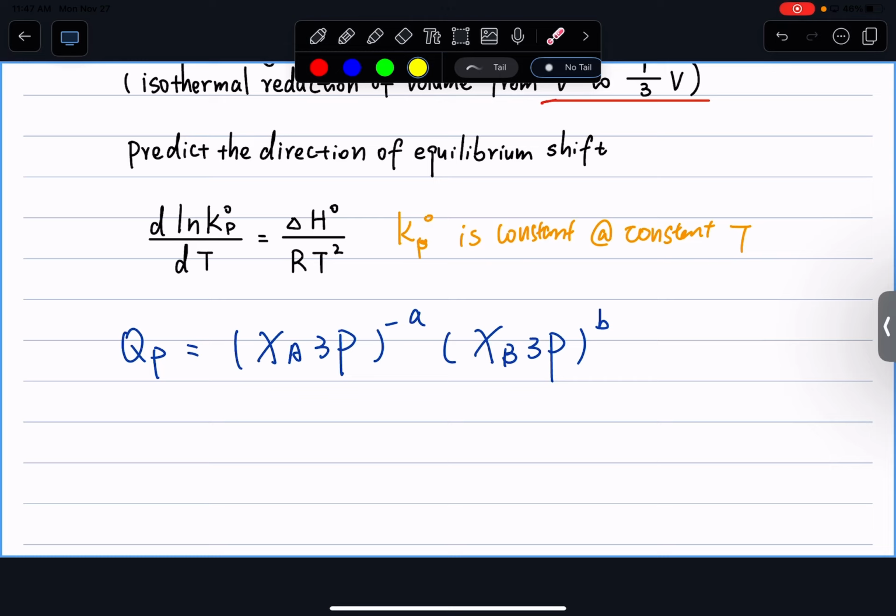So when we compare how your reaction quotient is going to change, that depends on how your stoichiometric coefficients compare to each other. So the take-home message here is if your stoichiometric coefficient A in the reactant is smaller than that of the product, we have backward reaction. We're synthesizing more gas molecules and we're having the reaction going backwards.